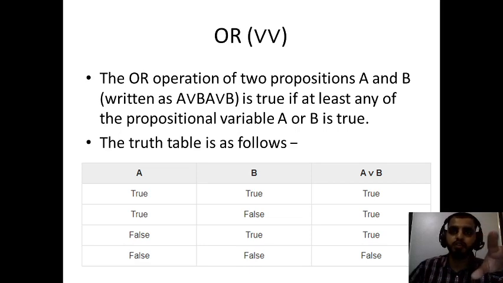Your intention was to get a chocolate, so if you get either of the two things, you will buy it. So if any one of the conditions is true, then the statement is true.